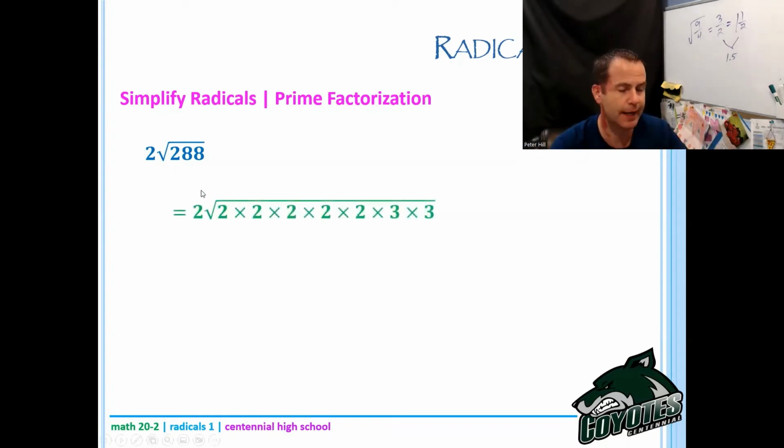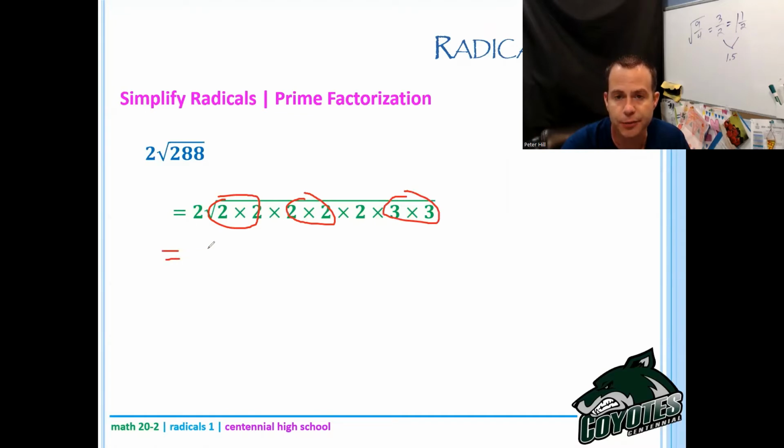Okay, you should have had, notice I kept my 2 out there. 2 times 2 times 2 times 2 times 2 times 3 times 3. So essentially, 5 2s and 2 3s there. Okay, and so now I'm looking for pairs. So I've got a pair here of 2s that can come out. I got another pair of 2s here, and I got a pair of 3s. So that's going to be the 2 that was originally out there.